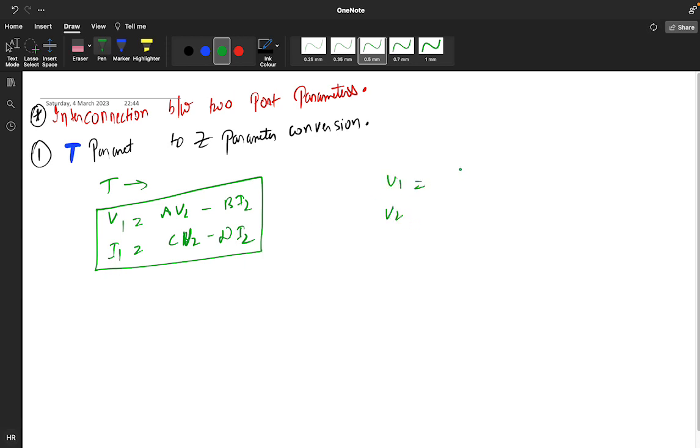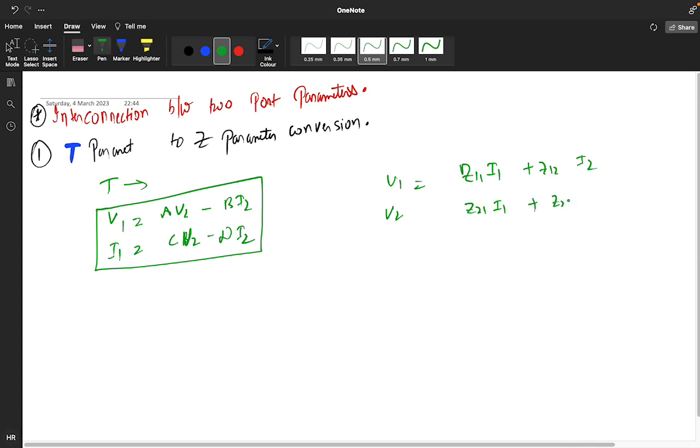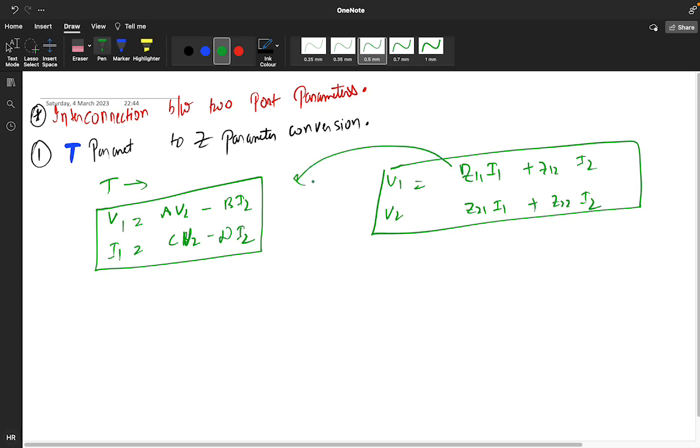V1 and V2 equal to Z11 I1 plus Z12 I2 and Z21 I1 plus Z22 I2. Okay, now for finding the Z parameters you need to find the value of Z in terms of ABCD. So how can you do it?